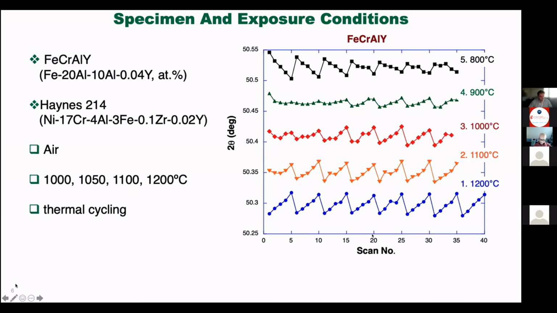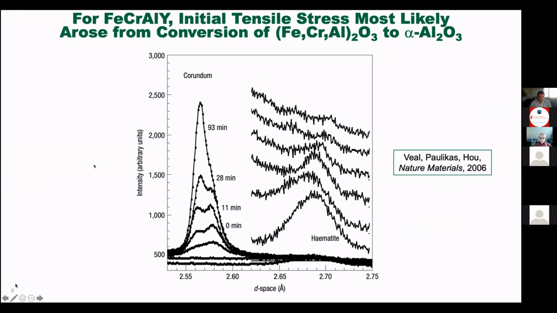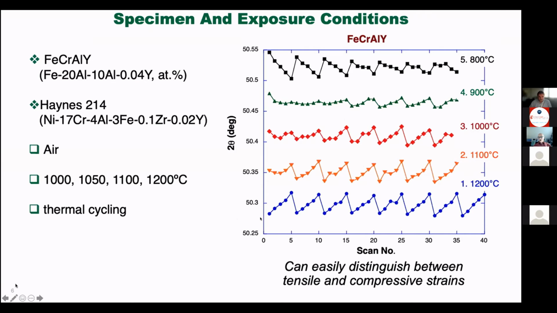And you can very easily see that as we go from the high temperature where the slope here is positive, we go to the thermal stress from dropping the temperature by 400 degrees, and the slope is clearly in the opposite direction, indicating the compressive stress. And so we can easily distinguish between tensile and compressive stresses using this synchrotron radiation in fairly short times.